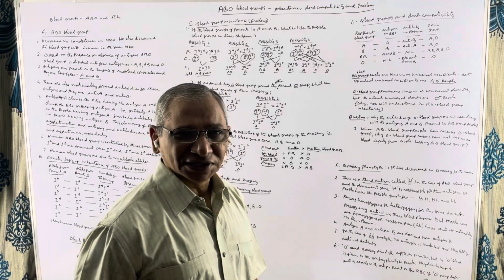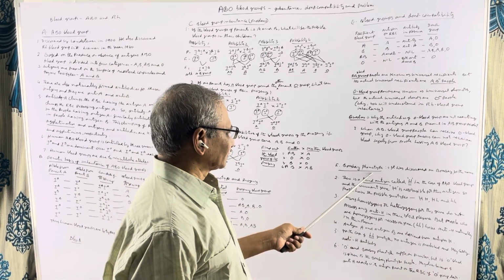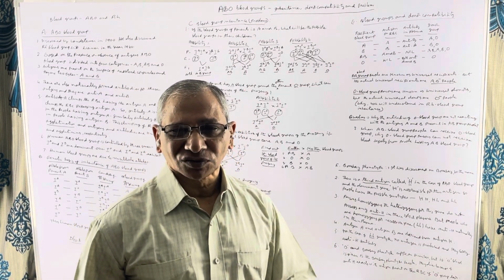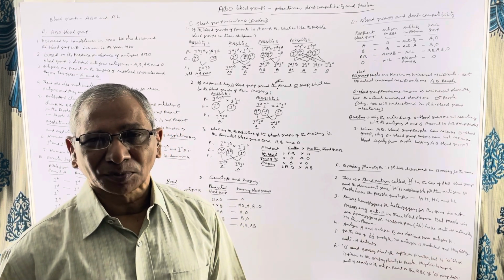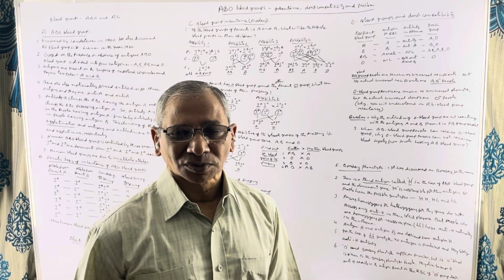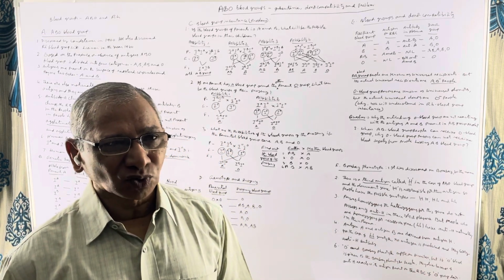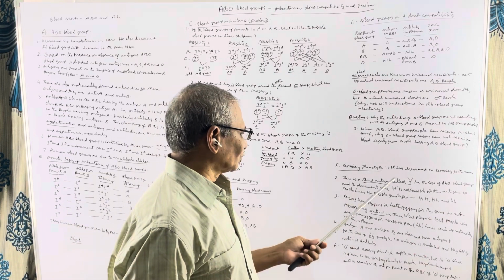Then there is one very interesting blood group known as Bombay phenotype. It is not given in your syllabus, but it is very interesting to understand this type of blood group also, because it has some link with ABO blood group. As this blood group was discovered in Bombay, it is known as Bombay phenotype.